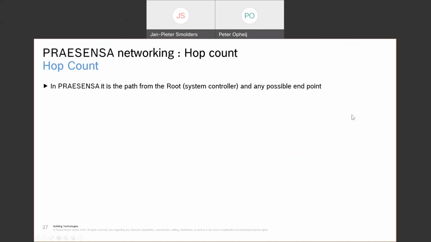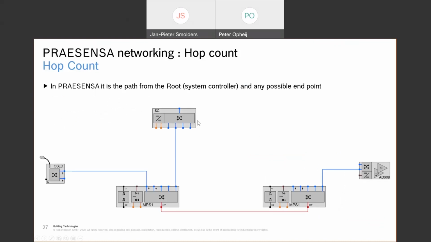Now, here we have a small overview. We have the system controller here on top. We have an MPS call station connected. Via a glass fiber connection, we go to another MPS, and then we go to an amplifier. So here we have the root for RSTP, and here we have an endpoint. If you now look at the number of hops, this is the first hop, this is the second hop, and here we have the third hop.